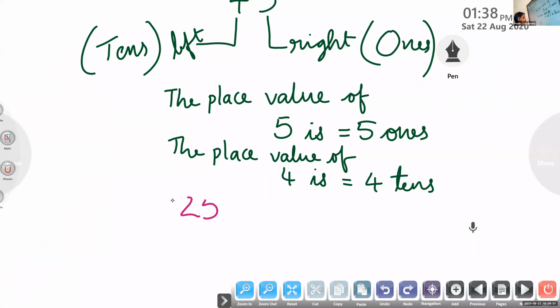We have 25. The digit in the ones place is 5, and the digit in the tens place is 2.